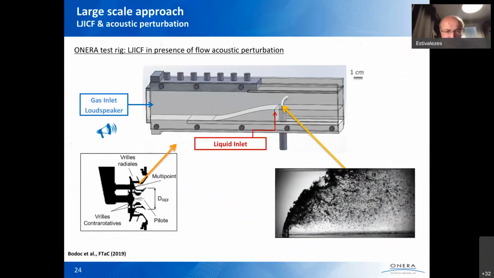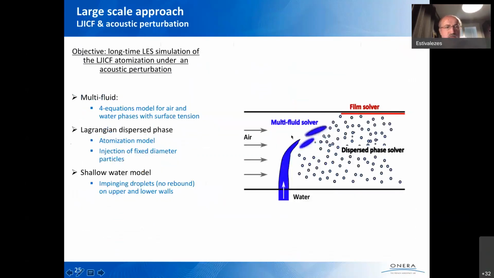So this is another example for the liquid jet in cross flow. Again, okay. So this is a comparison we have done at ONERA between experiment and numerics using this methodology with the code CEDRE. So with the multi-fluid liquid approach, the multi-fluid model is what we call a four-equation model for air and water phase with surface tension, which is used in the zone.